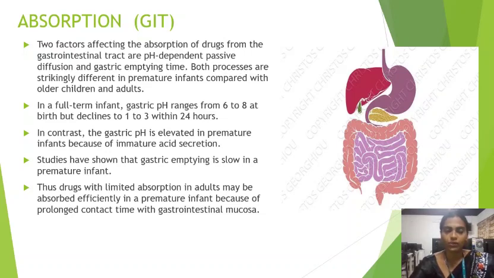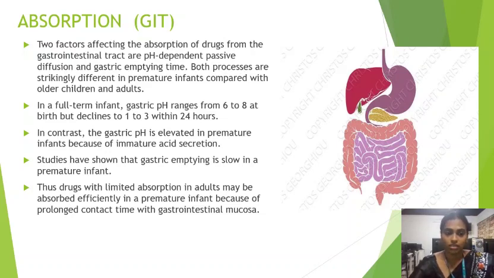So that is what we discussed in the absorption area. Many factors were discussed, such as pH-dependent passive diffusion and gastric emptying time. Both processes are completely different in premature infants and adults.